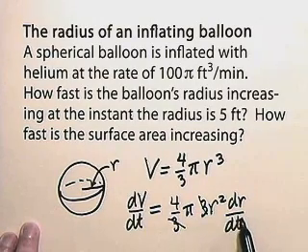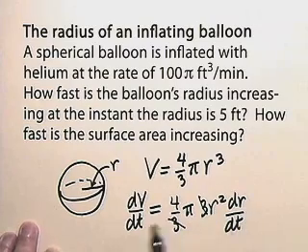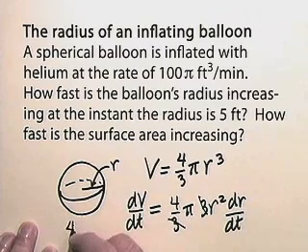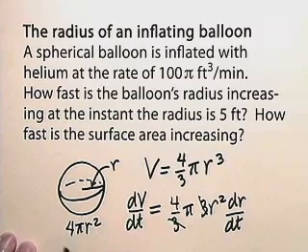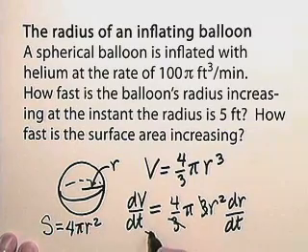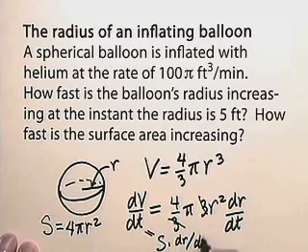Are you familiar with the significance of 4 pi r squared in relation to a sphere? Well, that's the surface area of a sphere of radius r. We'll call that capital S. So in effect, dV/dt here is simply S times dr/dt. In other words, we have a very simple relationship between the rate of change of volume, the surface area, and the rate of change of radius.